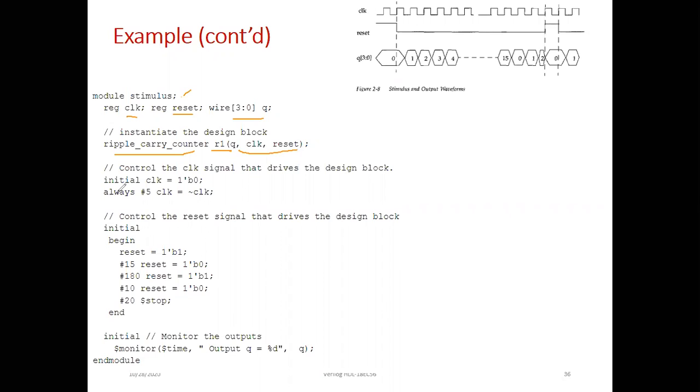See here, we can write like this also, which I showed. Even you can write like that also. You can write multiple initial and multiple always statements, but multiple initial in the sense that within an initial, one more initial should not come.